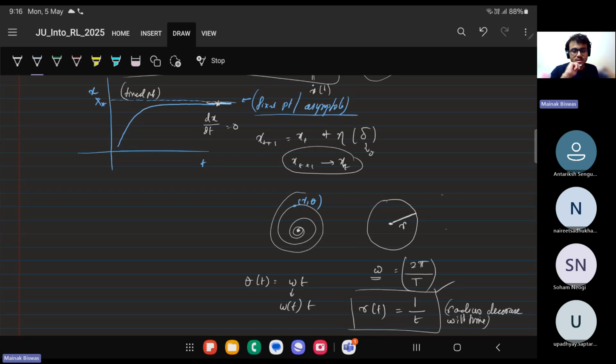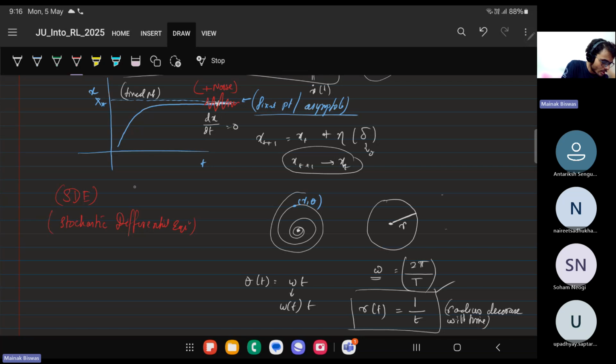But the major point of discussion over here is, say this was not an ordinary differential equation, but you added a noise term to this. That makes it a stochastic differential equation.